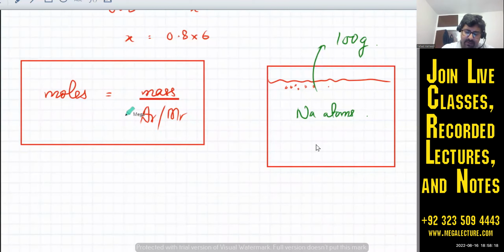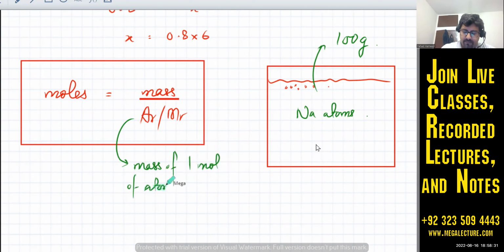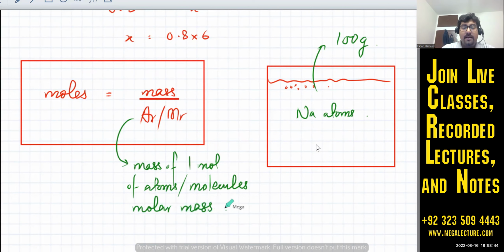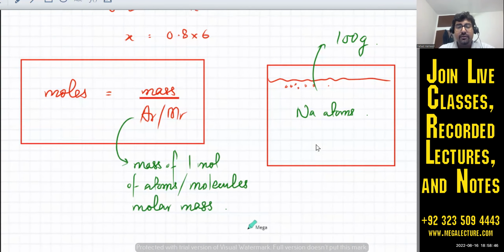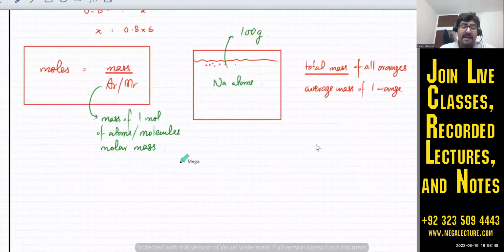And this is known as the molar mass. This is the mass of 1 mole of sodium atoms. So it's the mass of 1 mole of atoms, or you could have molecules or compounds as well. So that's known as the molar mass. Where do you get this molar mass? Scientists have actually done this.